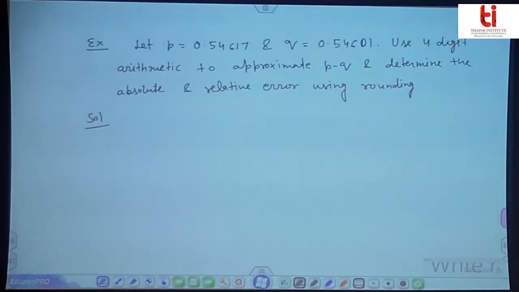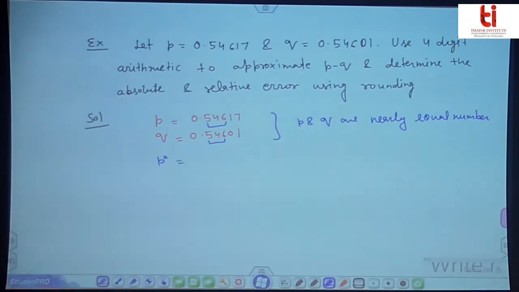So p equals 0.54617 and q is 0.54601. Here you have these three digits the same between p and q, so we can say p and q are nearly equal numbers.